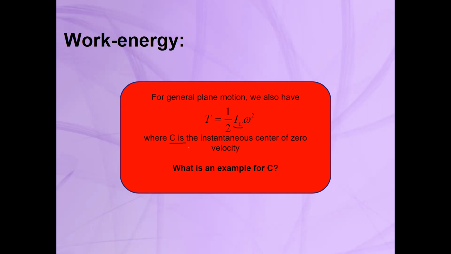But here, what is an example for C that we don't need to use the geometrical method? I mean, the very popular example that we know what is the instantaneous center of zero velocity. Do you have any idea for this one? Can you tell me one example? In the previous session, we solved one example about this, and I explained.